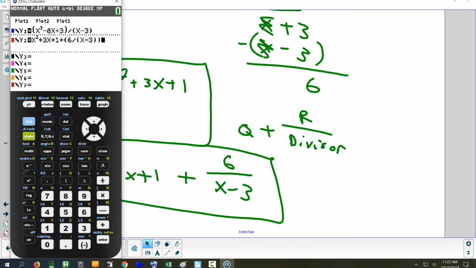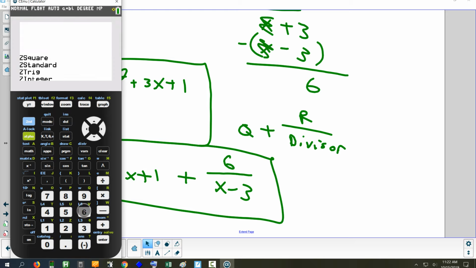So it'll do x minus 3, and then it'll do 6 divided by that. Now, if this answer is correct when I hit graph, how should these two graphs compare to each other? Shouldn't they be the same? They should be the same. If they're not the same, then either I typed something in wrong or my answer is wrong.